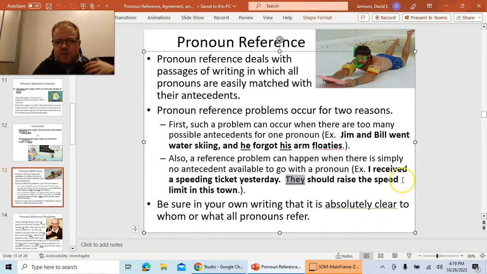We know it means the people that run the town, the townspeople, the police, somebody like that, but we haven't said who. And so this is a mistake, and it needs to be replaced with a group of people. Be sure in your own writing that it is absolutely clear to whom or what all pronouns refer.